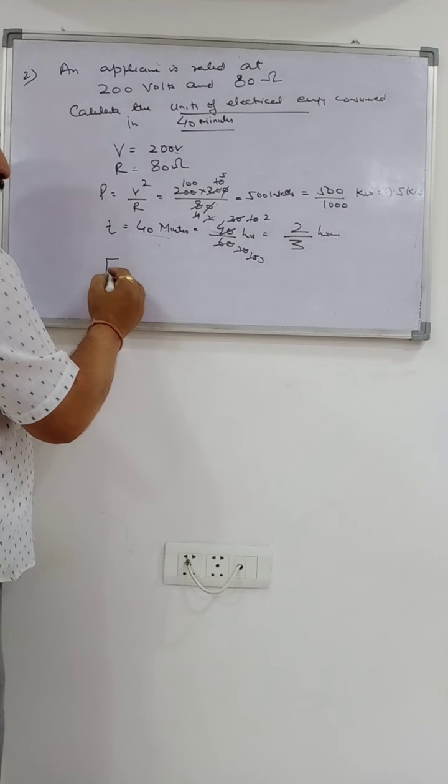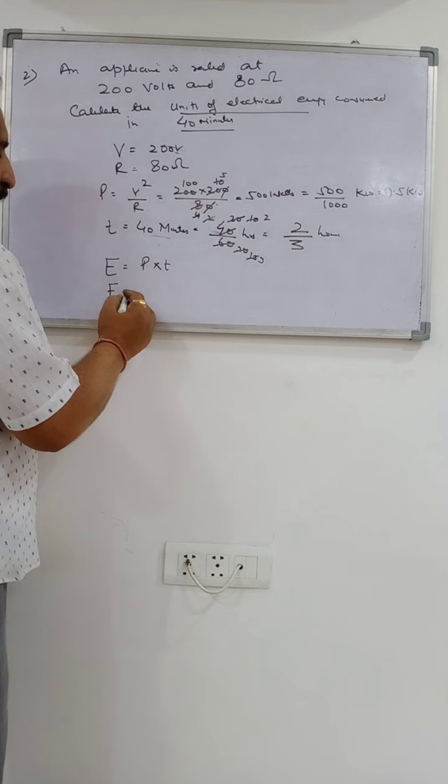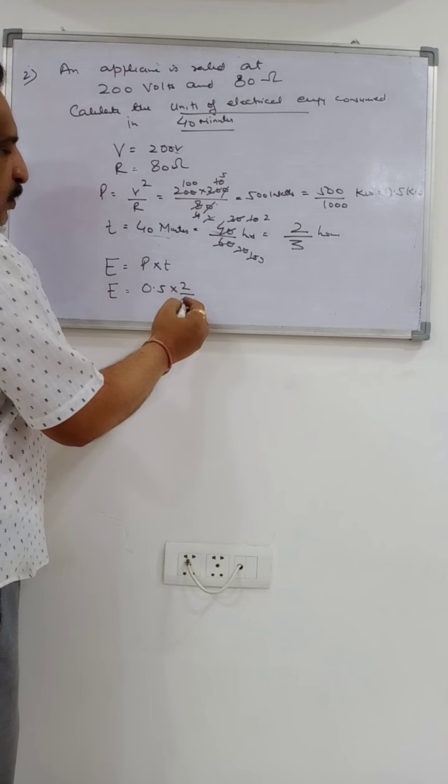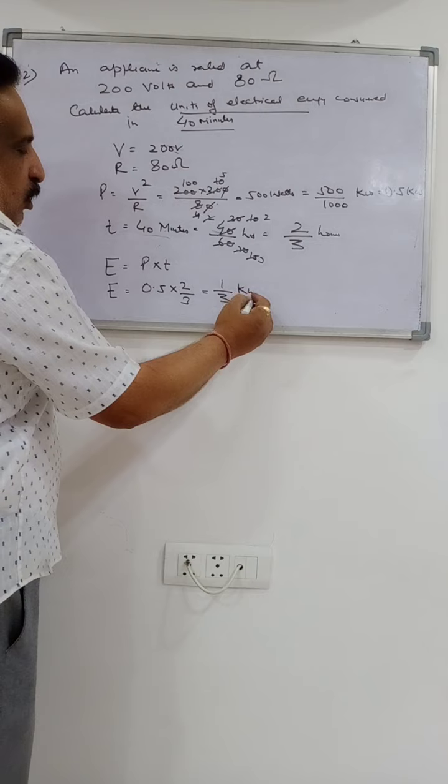So what will be energy in commercial units? Power into time. So energy will be power in kilowatt, 0.5 into 2 by 3. That is equal to 1 by 3 kilowatt hour.